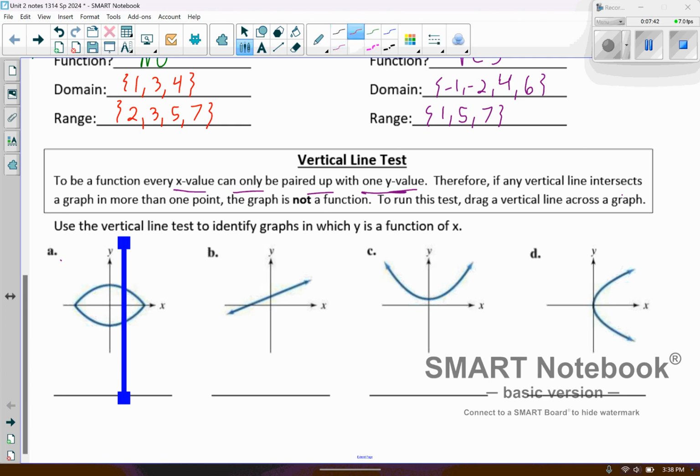And see, it's intersecting it right here and right here, right? I'm just going to estimate this ordered pair: it looks like I'm going over about 2 spots, and then going up about 2 spots. So when x is 2, y is 2, right? Well, wait a second. Over here, this one's saying that when x is 2, y is -2.